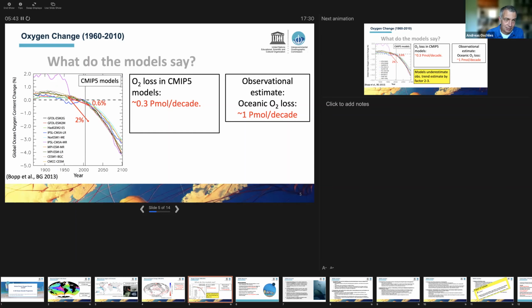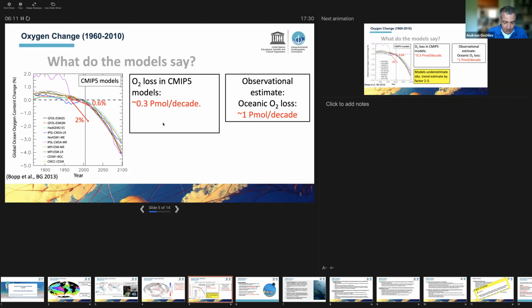Observational estimates of carbon uptake are not as robust as for oxygen because of the lower signal to noise ratio and the shorter historical data set. Oxygen data are available, pretty accurate data, for more than 100 years now. So this is maybe a unique data set to confront climate models with, and help to better constrain these models.